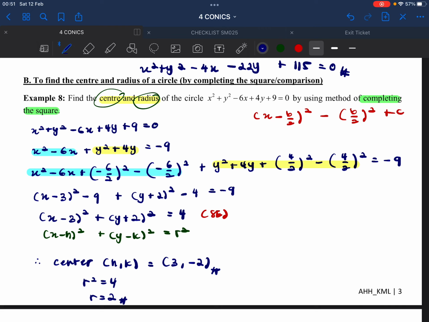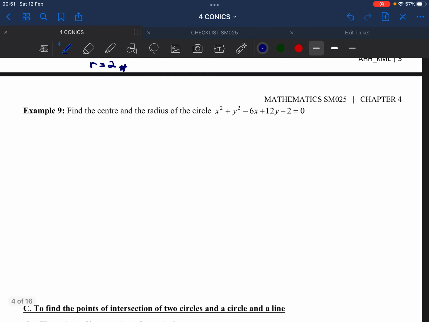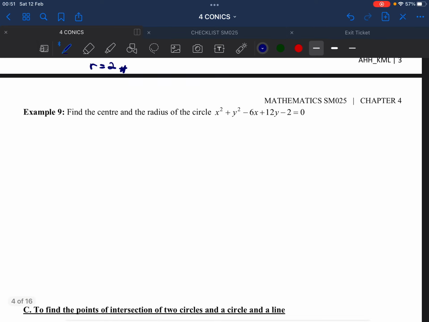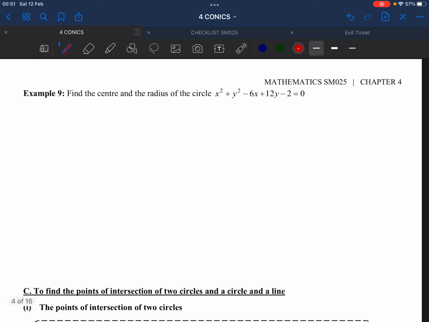The next method is comparison. The same question: find the center and radius of the circle. By comparison, we have the equation x squared plus y squared minus 6x plus 12y minus 2 equals 0.